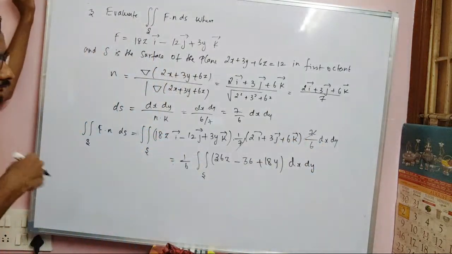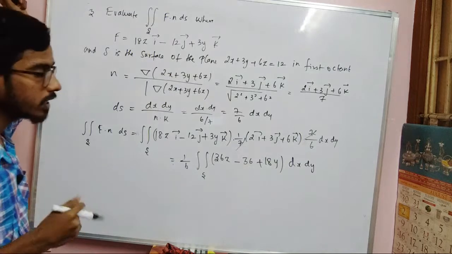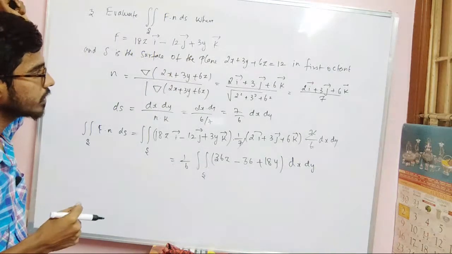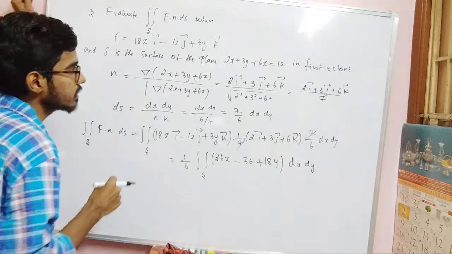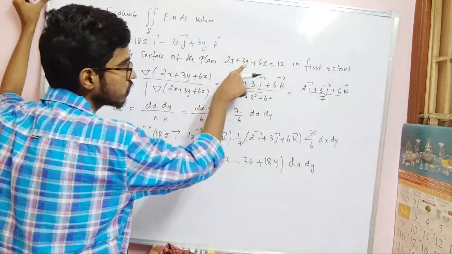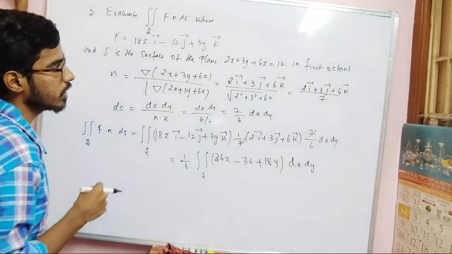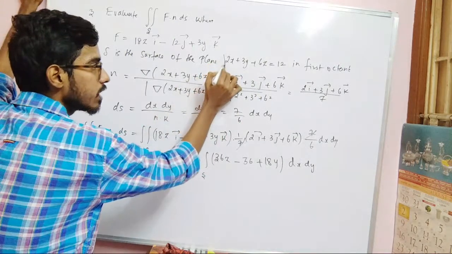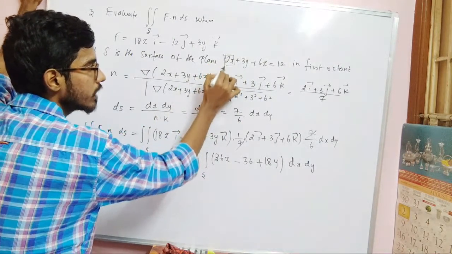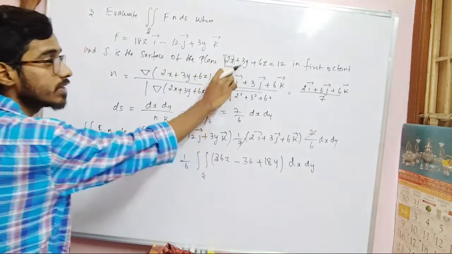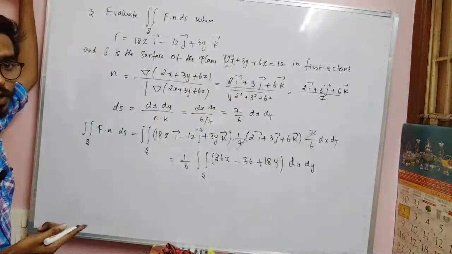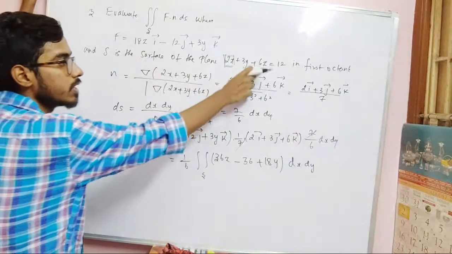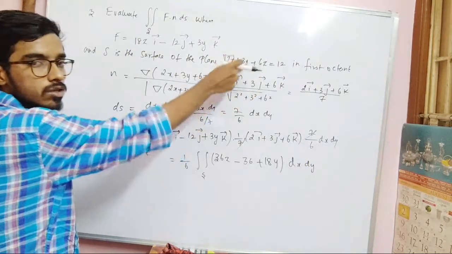Now we need to find the x limit and y limit, right? We can find the x limit by substituting y is equal to 0, z is equal to 0. We can only find the first variable limit by substituting y is equal to 0, z is equal to 0. Suppose if you want to find the z limit, you should not substitute x is equal to 0, y is equal to 0.